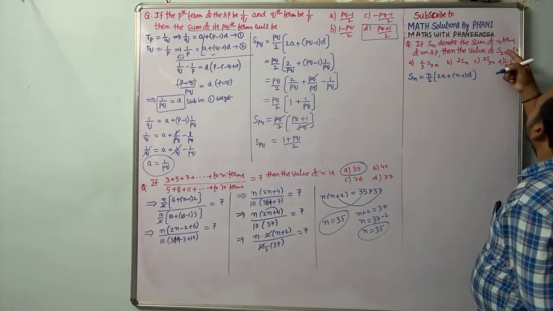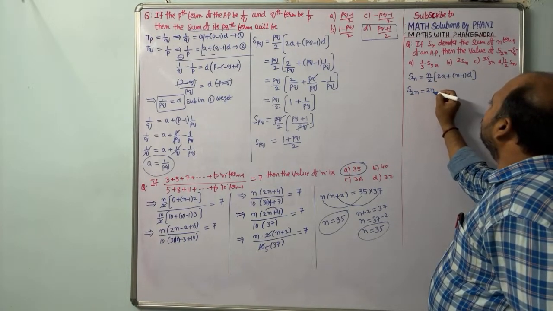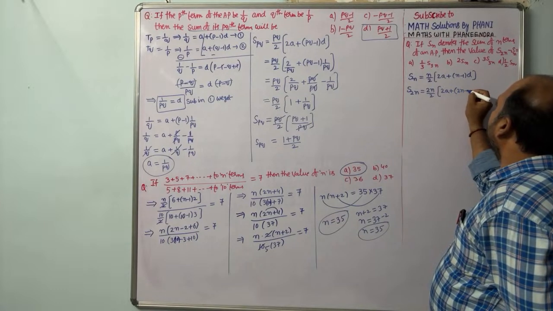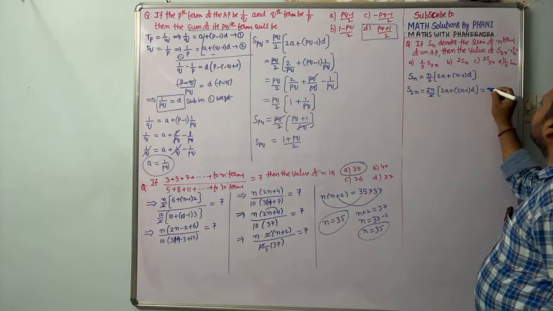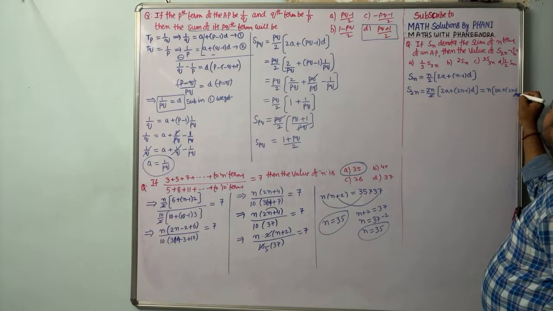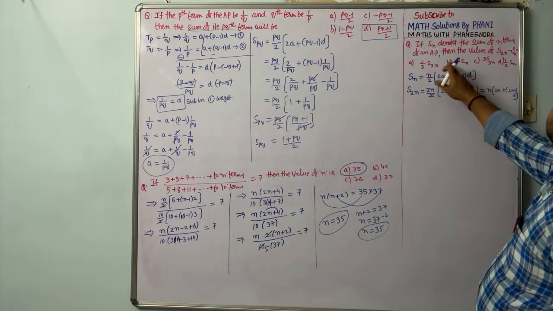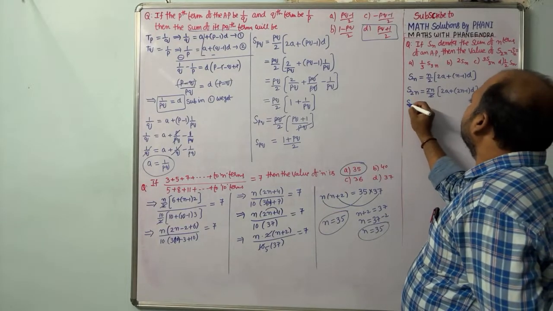Next, S2n means 2n by 2, 2a plus 2n minus 1 into d. So 2 gets cancelled, we will get it as n into 2a plus 2n minus 1 into d. Similarly, in the options S3n is there, so even that we will calculate.